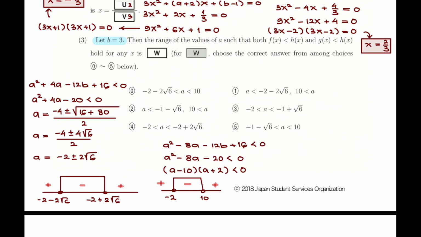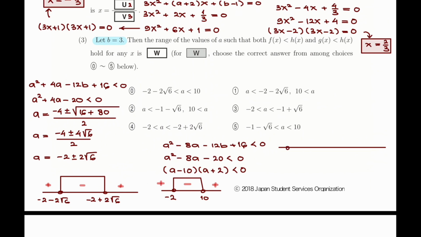After we got two conditions that must be satisfied by A, we can find the intersection. If you find the intersection of these two number lines, you will find the final answer.